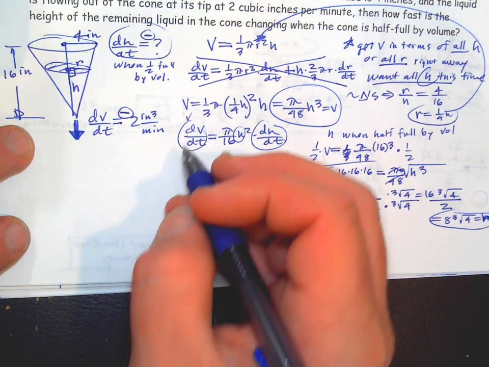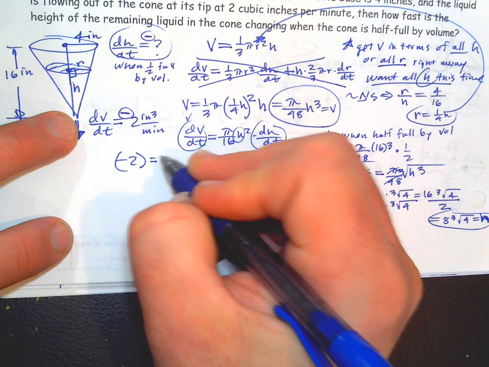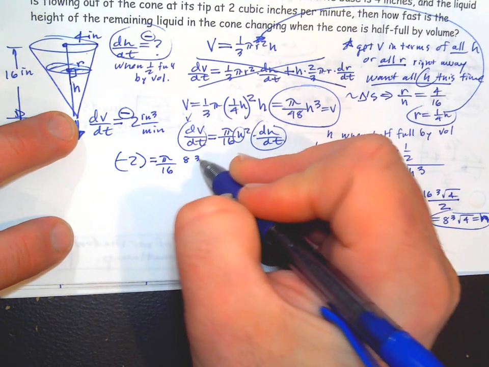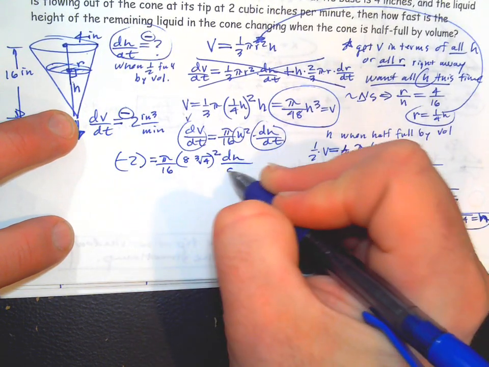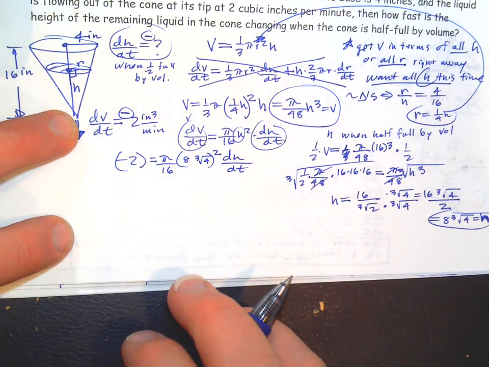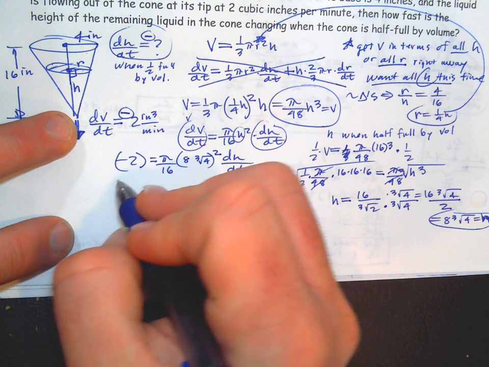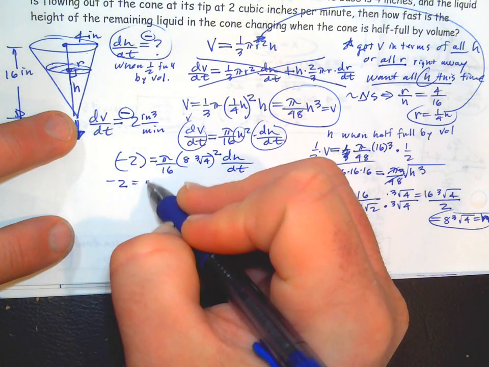So we have dV/dt is -2. We have the height is 8 cube root of 4, squared, times dh/dt. So now we just got to try and clean this up. So -2 equals pi over 16.